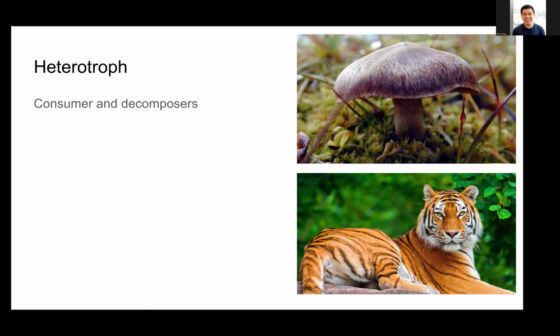So next we have heterotrophs. Heterotrophs cannot produce their own energy from inorganic sources. They have to obtain their energy by means of ingestion of other organic sources, essentially other living things.